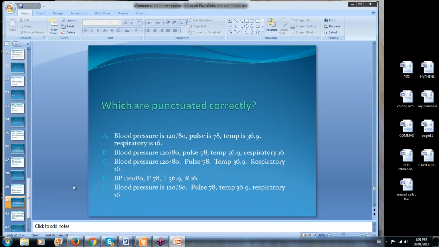C: Blood pressure 120/80, period, pulse 78, period, temp 36.9, period, respiratory 16, period. D: BP 120/80, comma, P 78, comma, T 36.9, comma, R 16. E: Blood pressure is 120/80, period, pulse 78, comma, temp 36.9, comma, respiratory 16. So which are punctuated correctly?